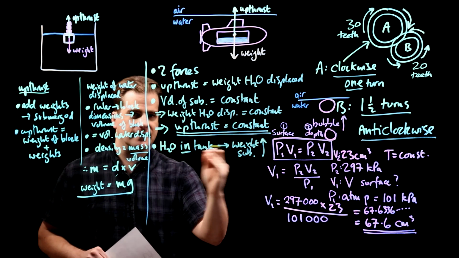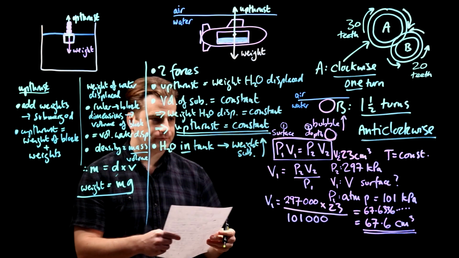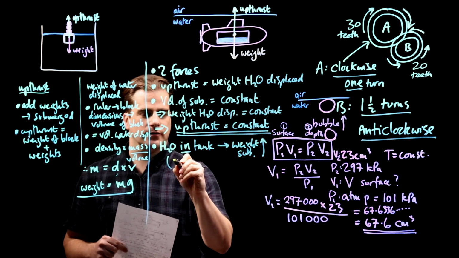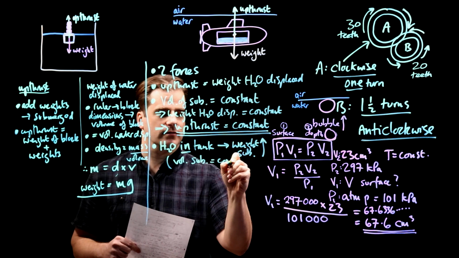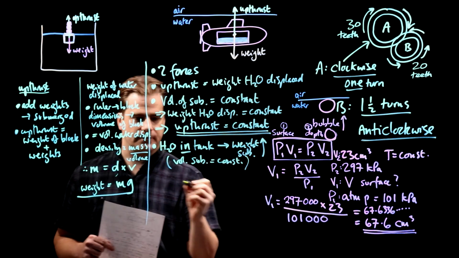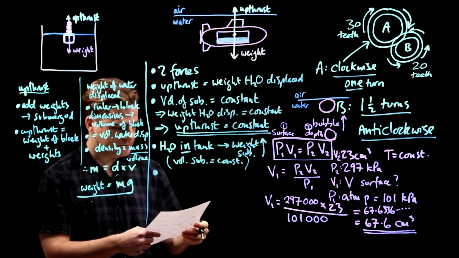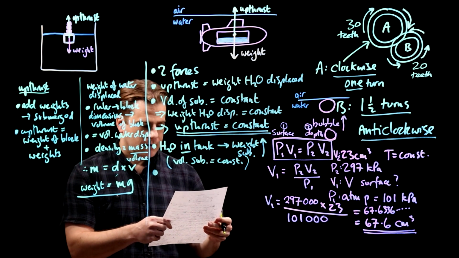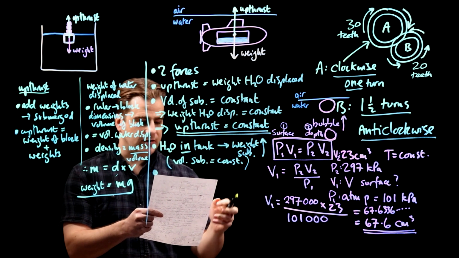Okay? You have to write this out in full sentences, obviously. Okay? Because the volume of the submarine is constant, if you like. Allowing water into buoyancy tank increases the weight of the submarine.